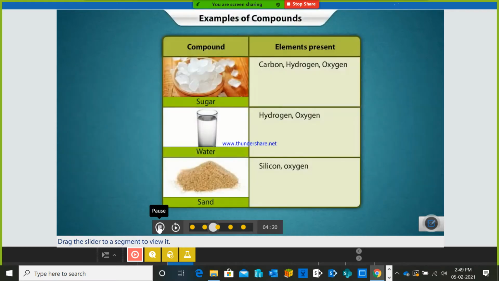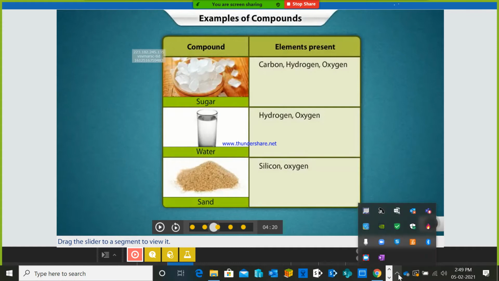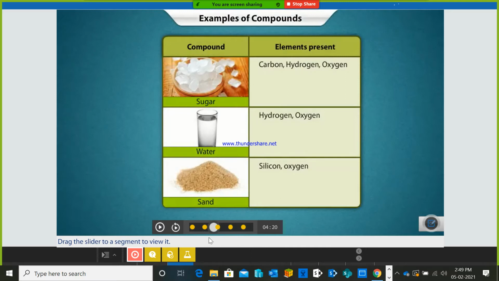Let us look at a few more examples of compounds. Sugar, water, then sand. What elements are present in the compounds? Carbon, hydrogen and oxygen are present in sugar. Then water, H2O.